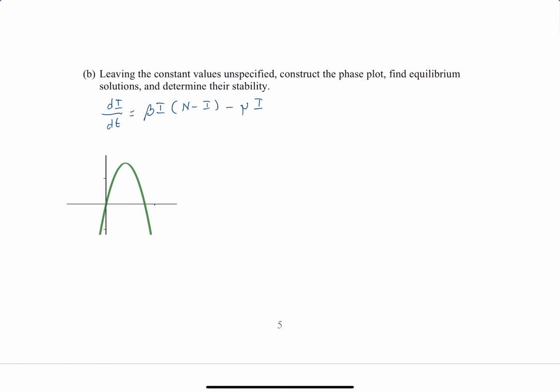Now we need to find the equilibrium values. So I set my formula with the hats equal to 0. Again, this is not factored because of that minus sign in front of the mu I. So in order to get this factored, I will need to distribute the beta I hat into the parentheses.